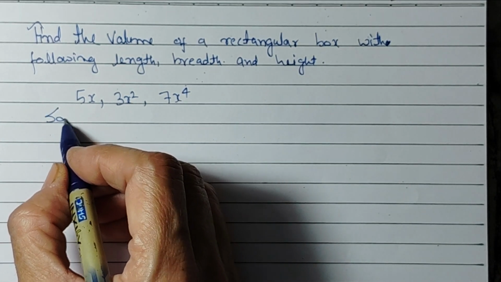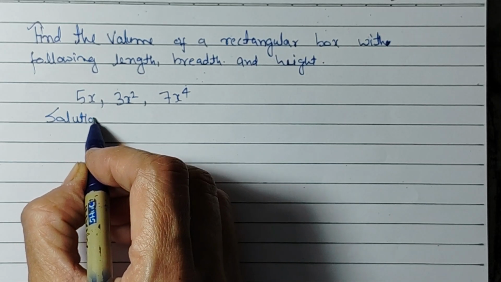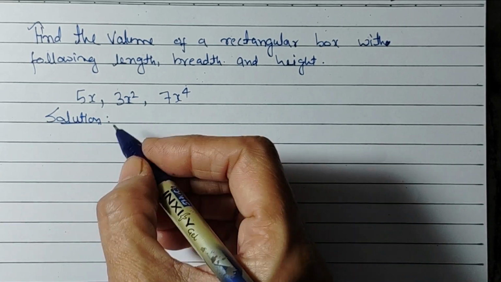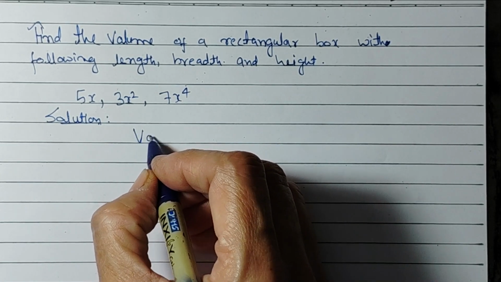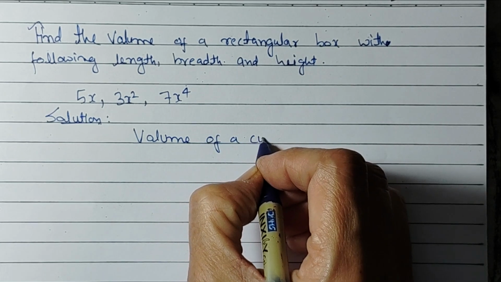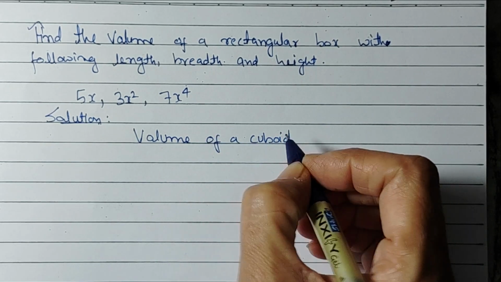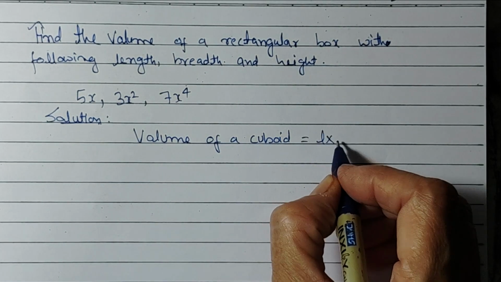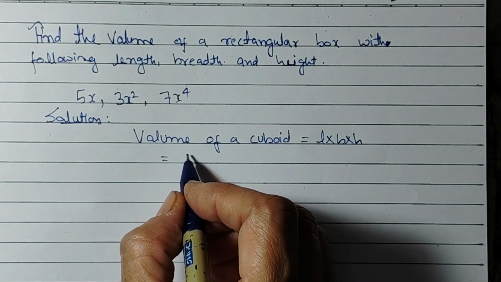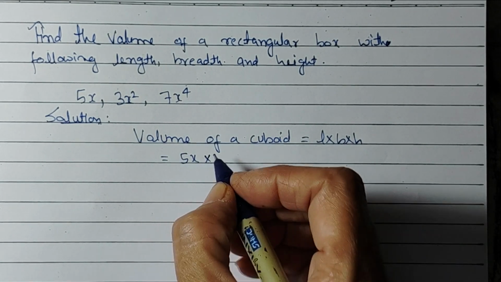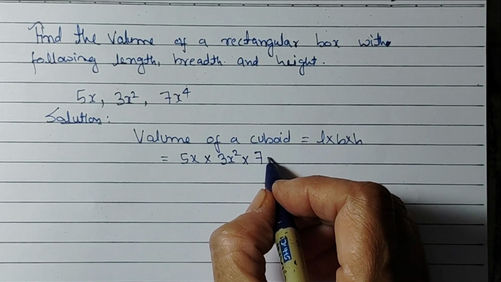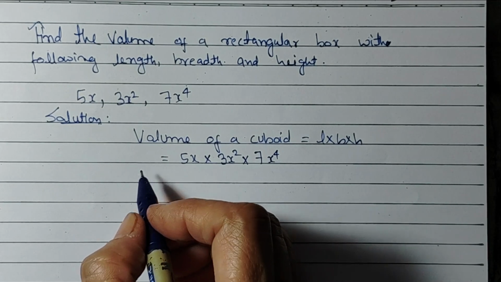Solution would be volume of cuboid is equal to L into B into H, which is equal to 5x into 3x square into 7x to the power 4.